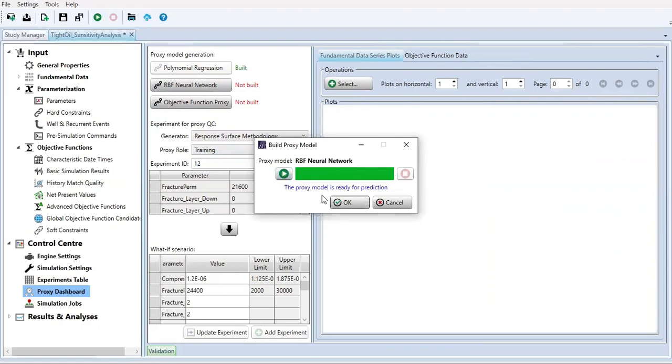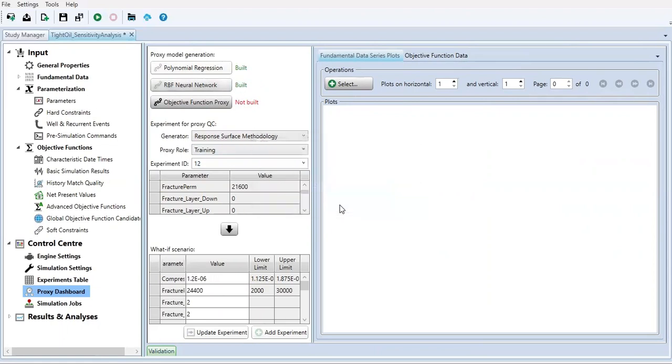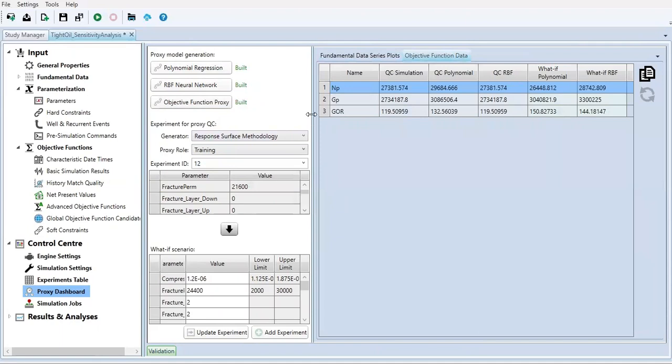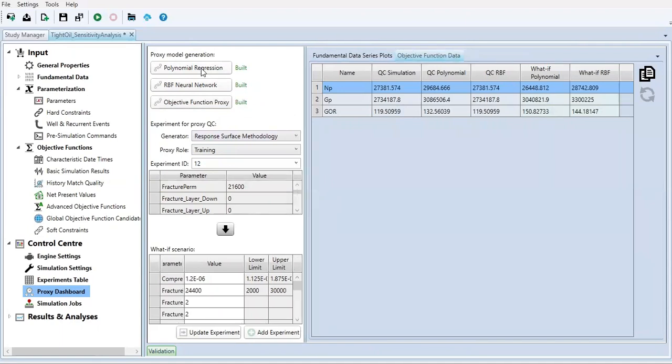The proxy model is ready for prediction. Okay. Beautiful. And then objective function proxy. Click on that. All right. So we perform polynomial regression, we perform neural network, and we also perform the objective function proxy.